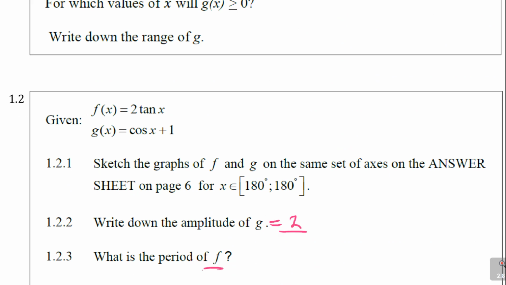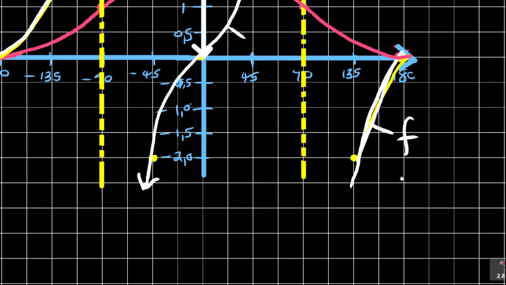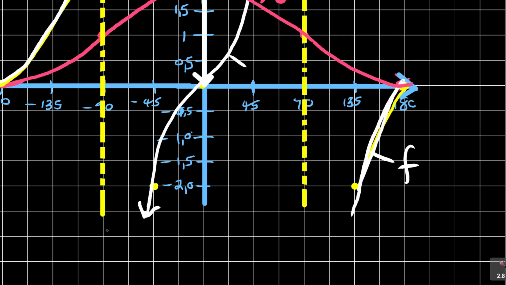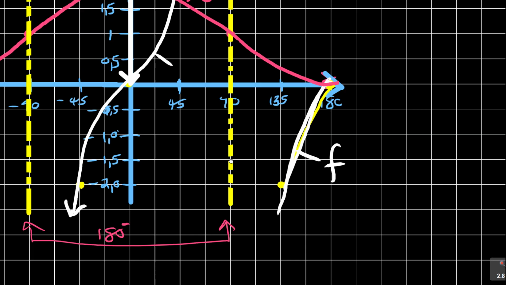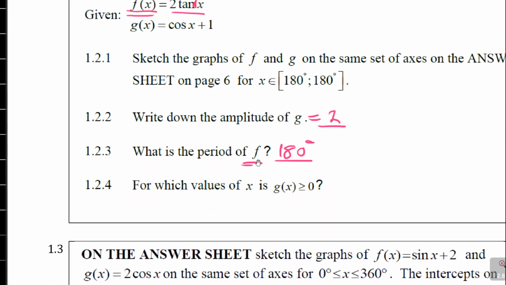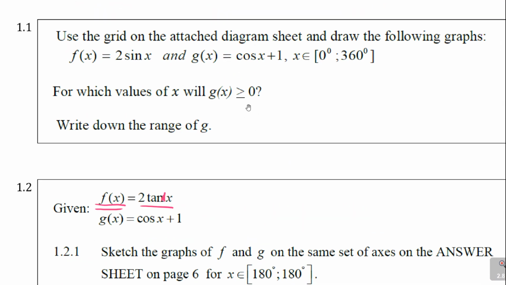And the period of F, now period of tan, here what you need to know is if there is a 1 there, period becomes 180 degrees. That's the period, meaning it's between negative 90 and 90. So if you look at this, this is 180 degrees. That's a full cycle. Alright, then for which values of x is g of x greater than 0? See, we are asking the same question we did there.